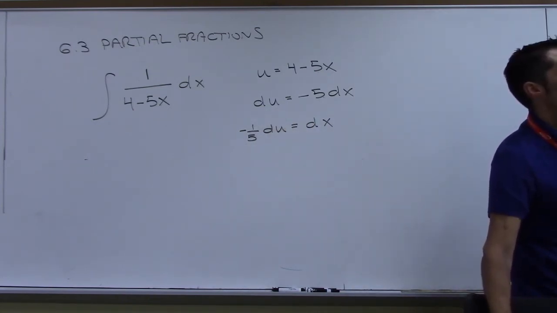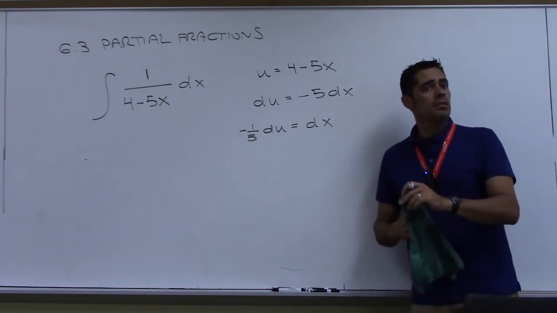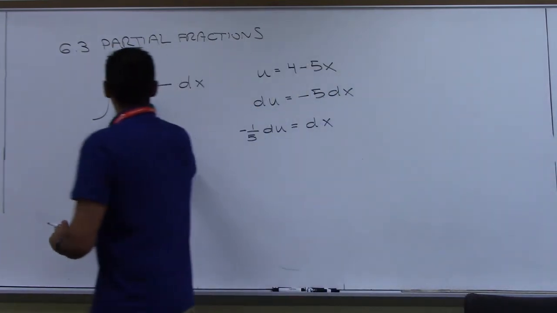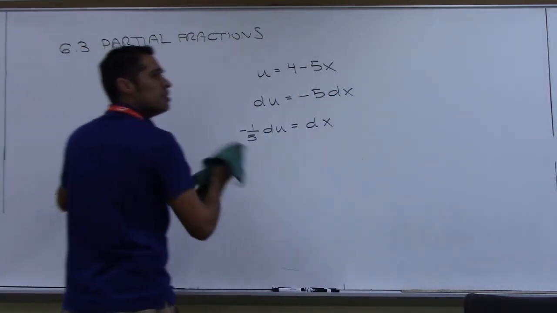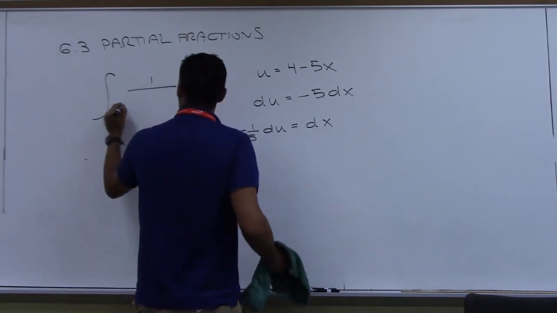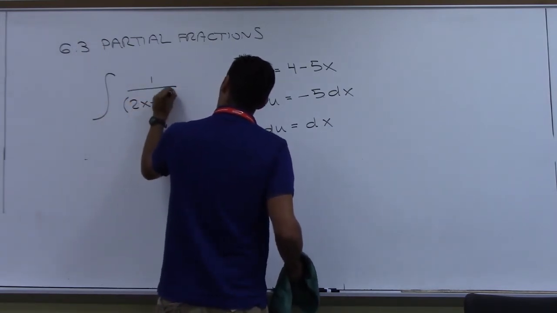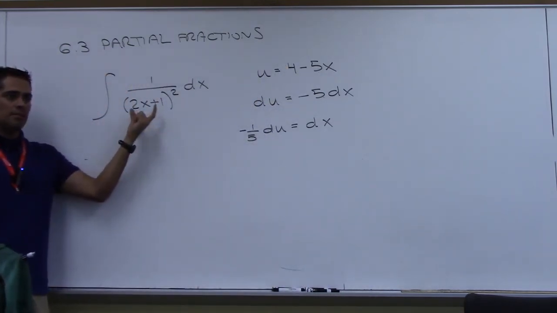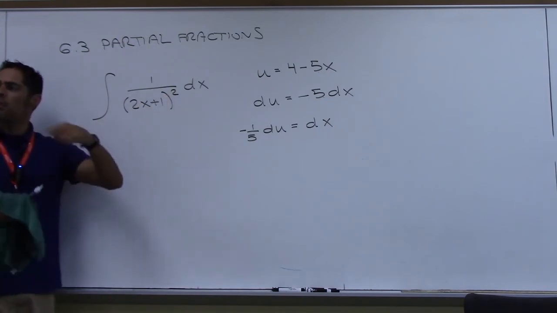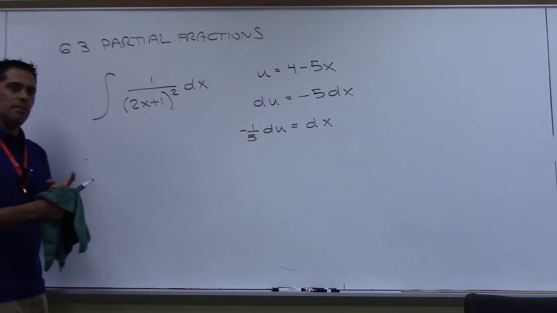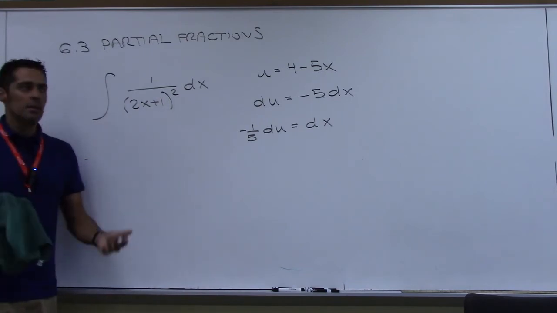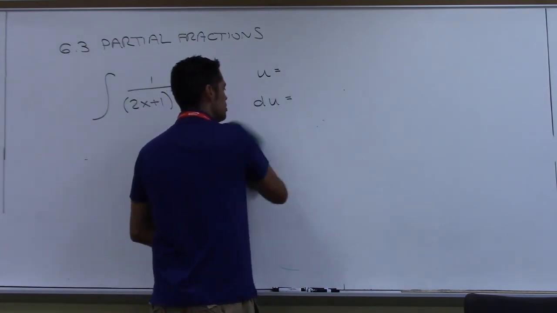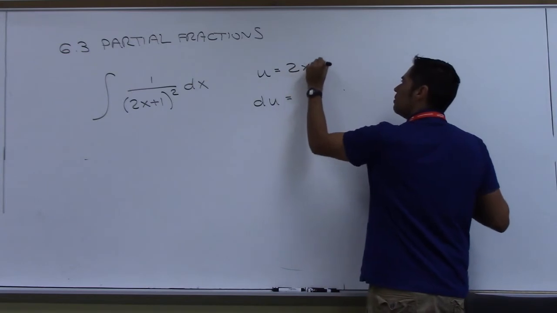Number 3 is a constant over a repeated linear factor. We see something like this. What do I mean by repeated linear factor? Well, 2x plus 1 is a linear factor. If I square it, that means it's repeated: it's the same thing twice, multiplied. The square is what makes it repeated. To do this problem, we would do exactly what we just did. We would make the substitution that u is the linear factor.